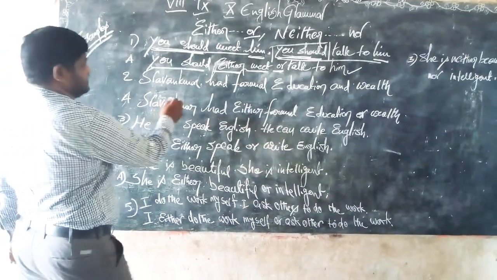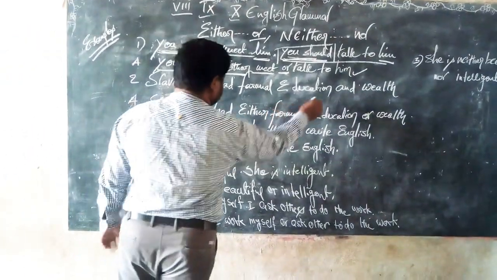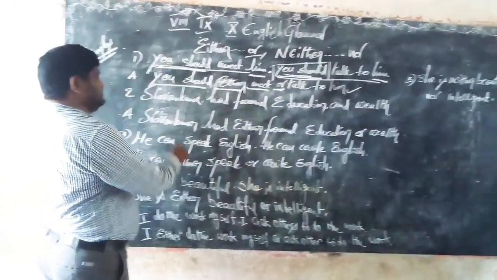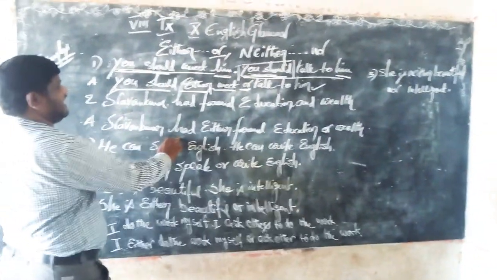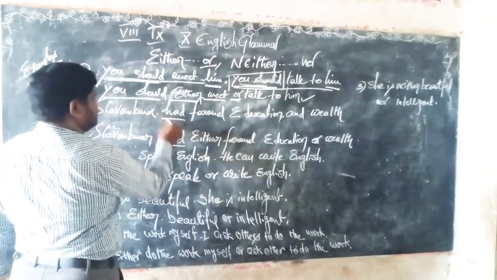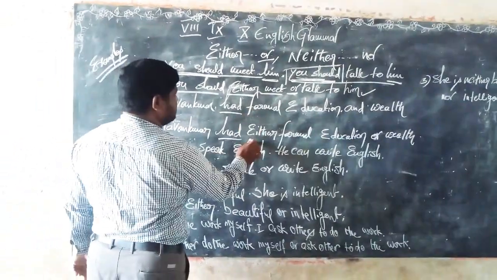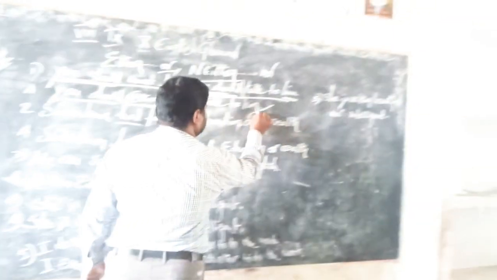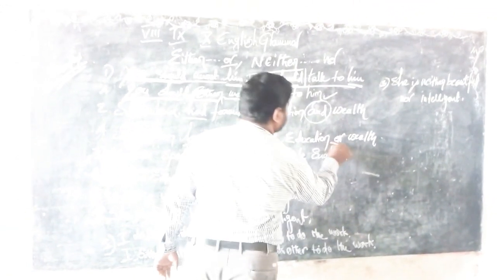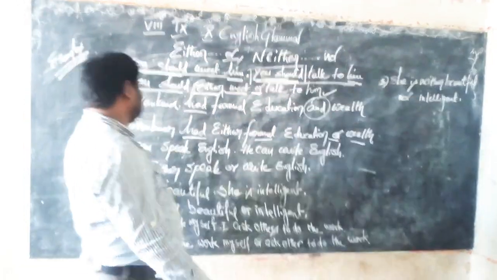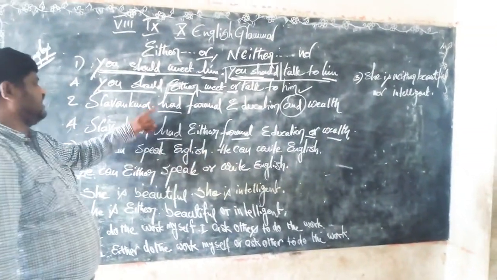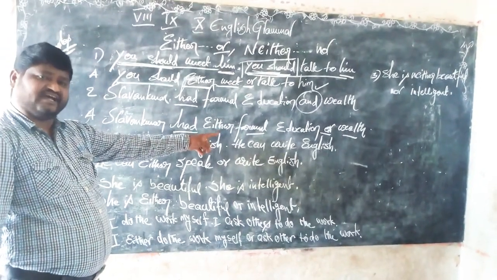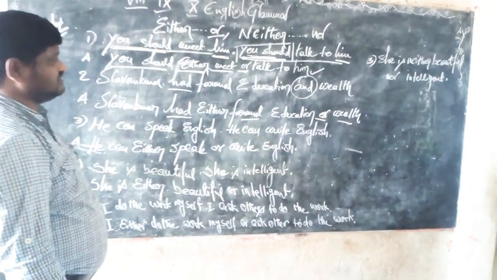In the second sentence, remove the and, and write or. Shravan Kumar had either formal education or wealth. So that is the answer.